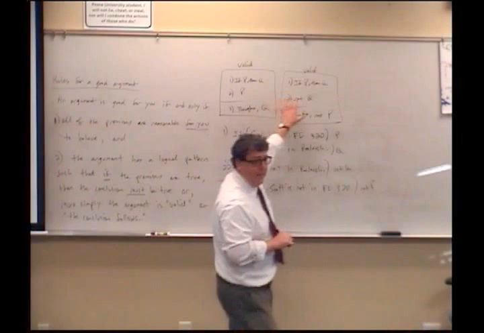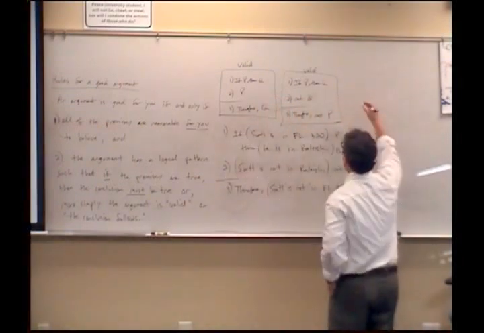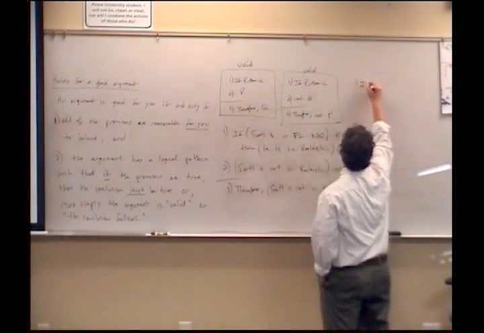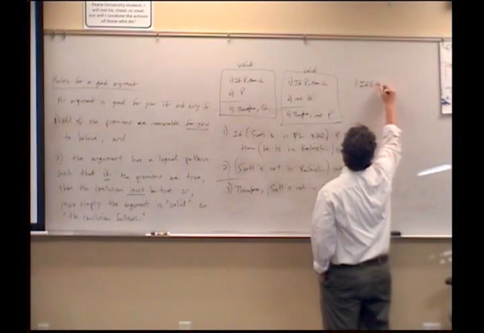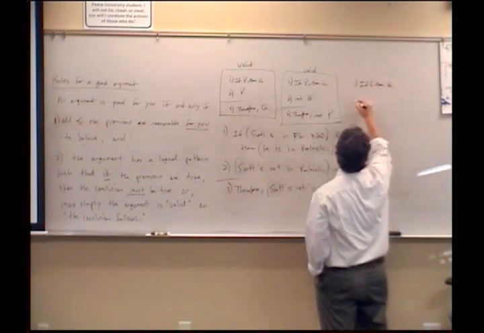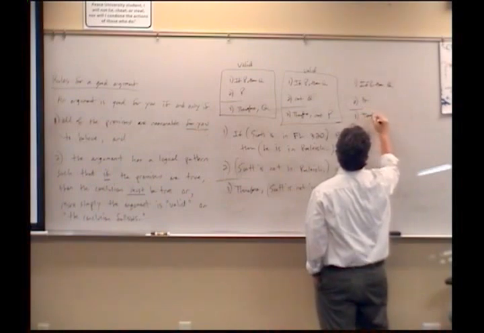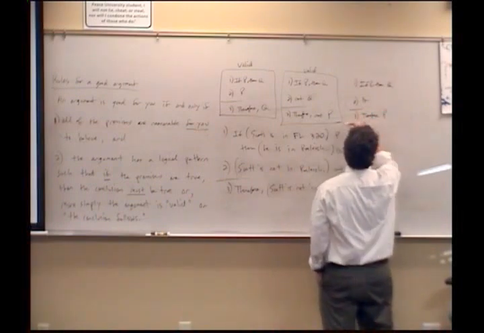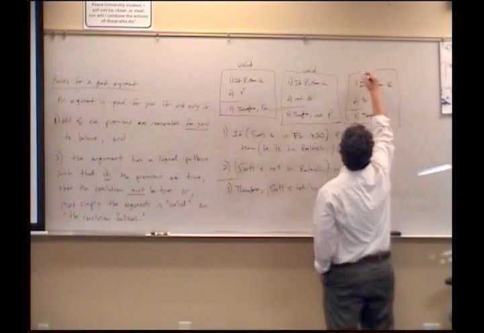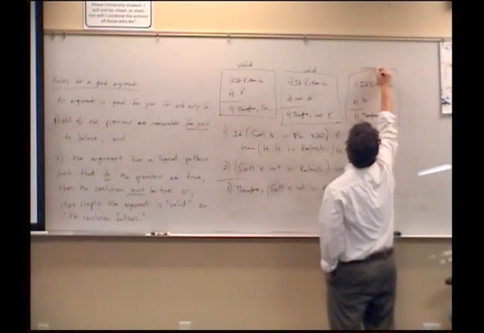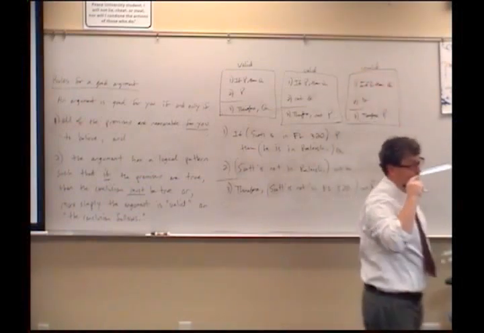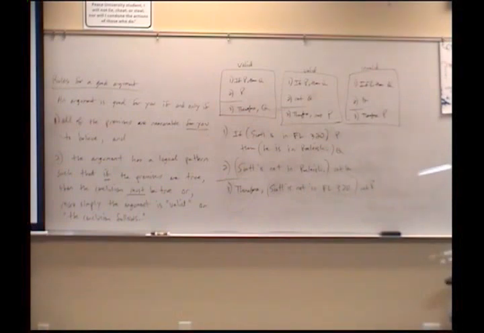Now, these are two examples of valid arguments. There was an invalid argument that we saw that had this pattern: if P, then Q; Q; therefore P. All arguments that have this pattern are going to be invalid every single time.